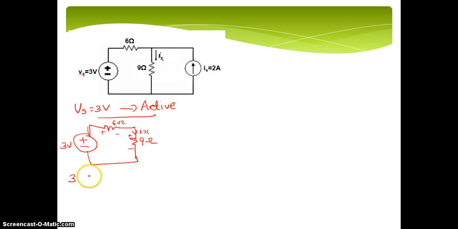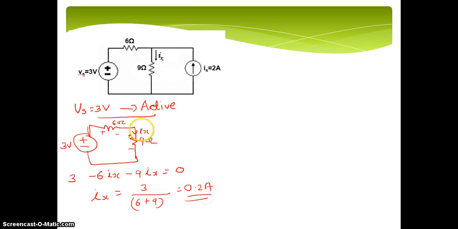So 3 minus 6 Ix minus 9 Ix should be equal to 0. So we are getting Ix as 3 divided by 6 plus 9, so we get 0.2 ampere. This is not Ix, this is due to only the first source. So I'll represent it by Ix dash.